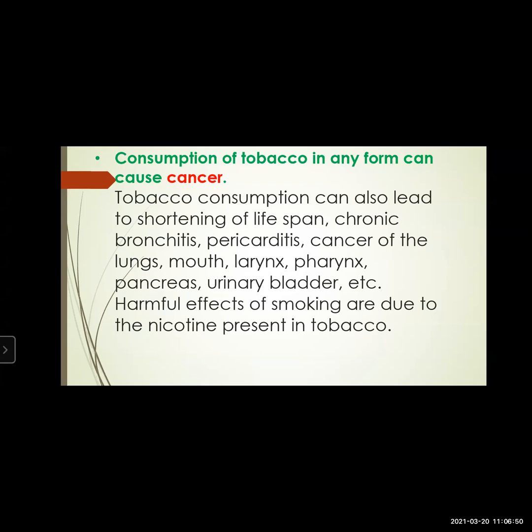And this is because the harmful effects of smoking are due to the nicotine present in the tobacco. Also, you know that smoking is a kind of taking tobacco inside, because cigarettes consist of tobacco, and tobacco consists of a chemical called nicotine, right, which is very dangerous. And also, I would like to tell you about cancer.